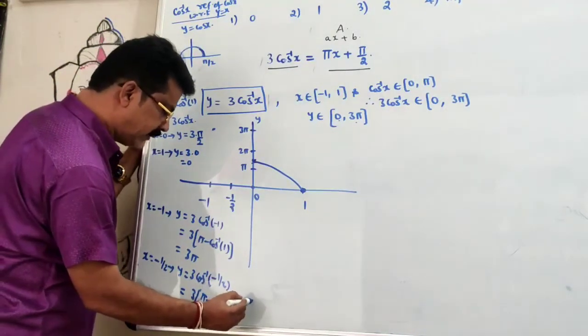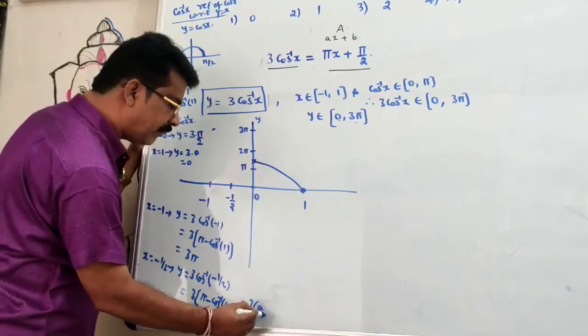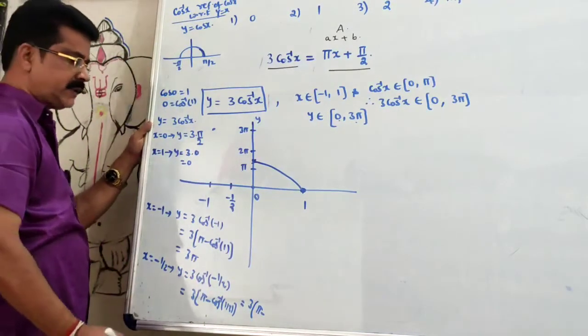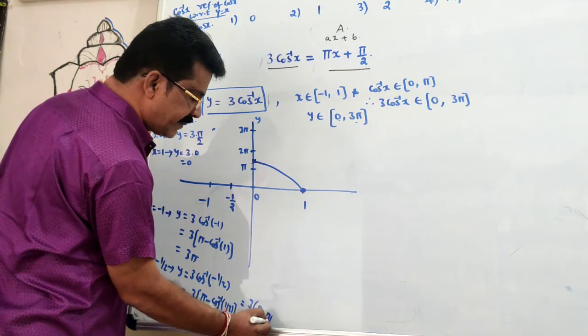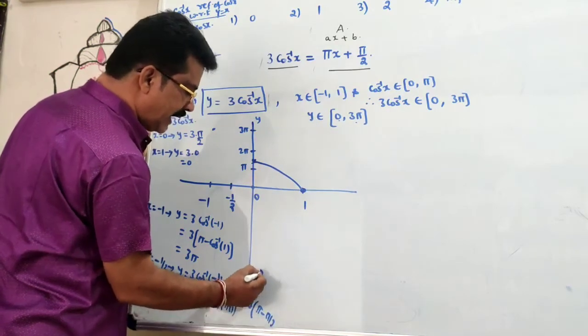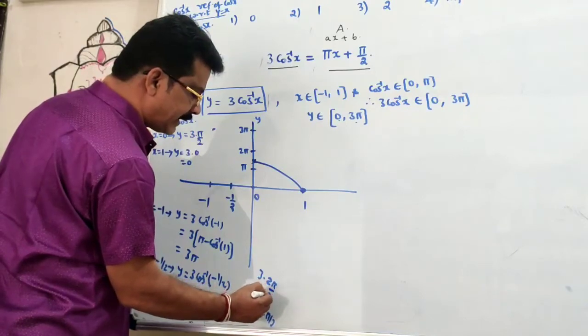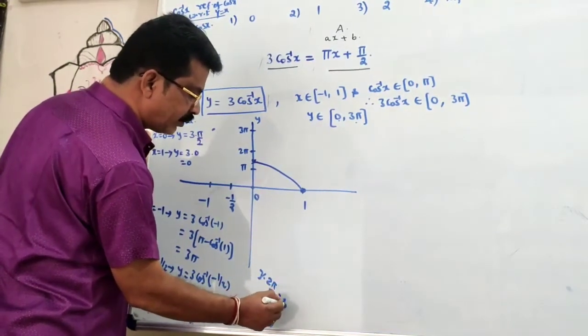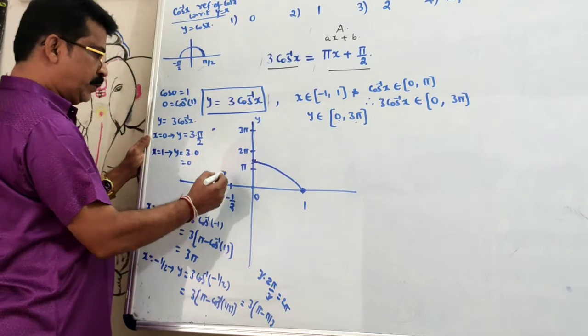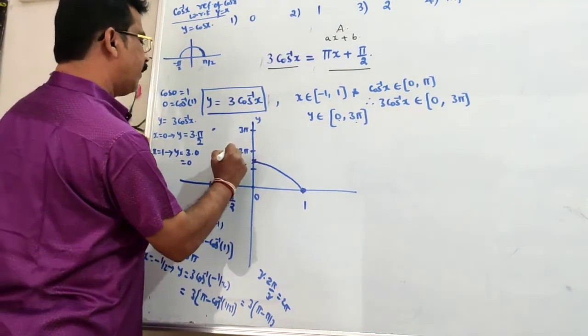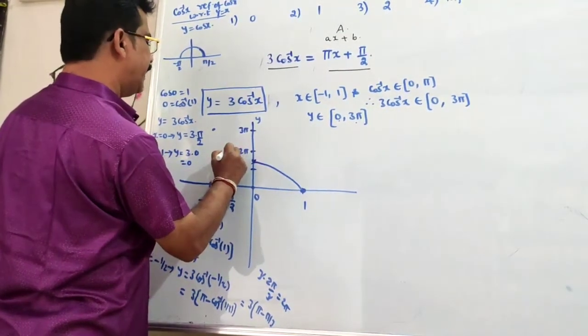So that is equal to 3 into (pi minus cos inverse of 1 by 2), that is 60 degrees. 60 degrees means it is pi by 3. So 3 into 2 pi by 3. The 3 cancels, it remains only 2 pi. So where is 2 pi? Here, for x equal to -1 by 2.